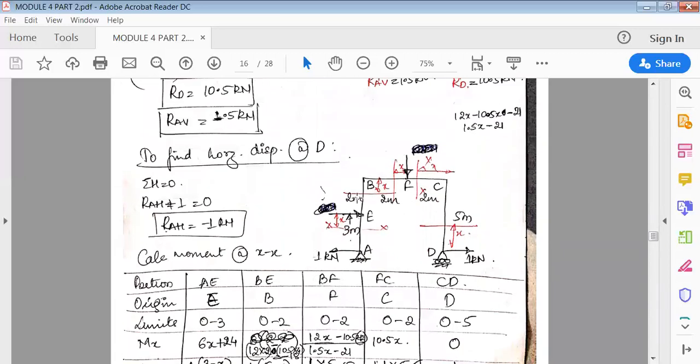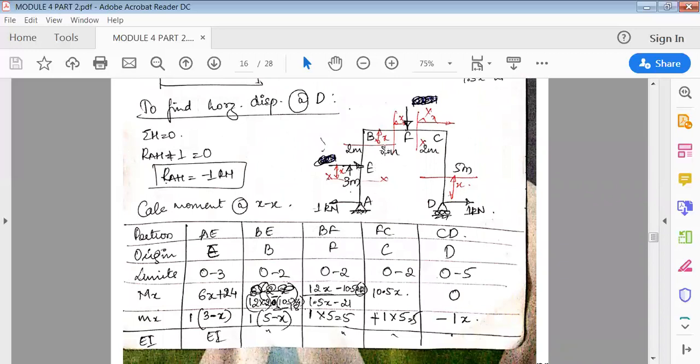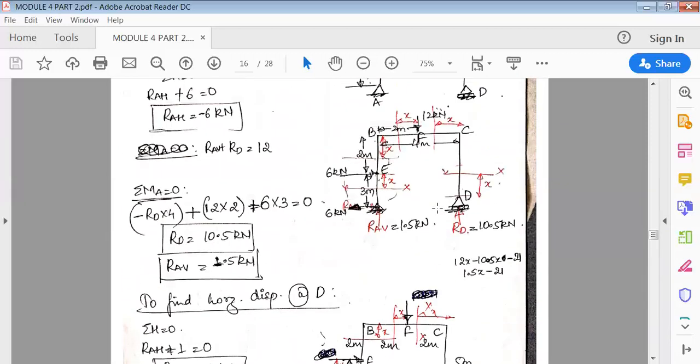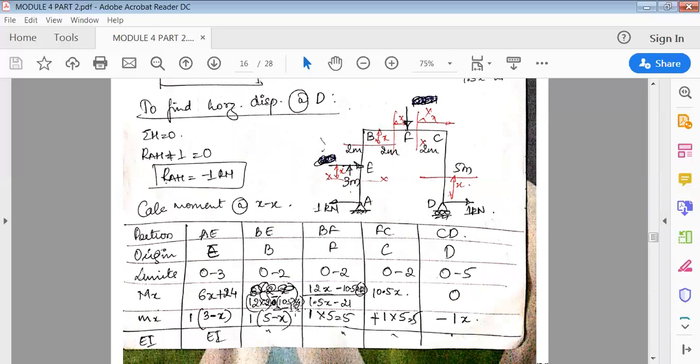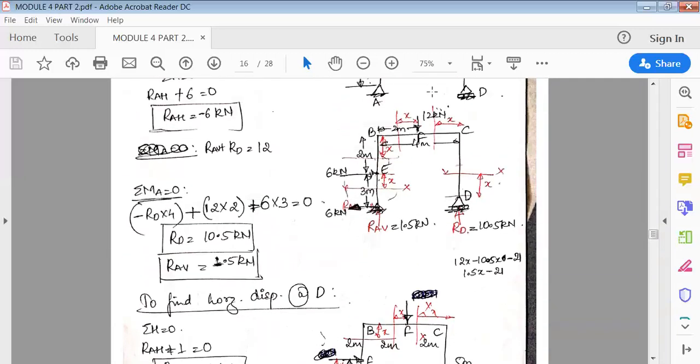In the EB portion, it is 12 into 2, then we also consider the force here, that is 10.5, into the perpendicular distance, that is 4. So 12 into 2 plus 10.5 into 4.